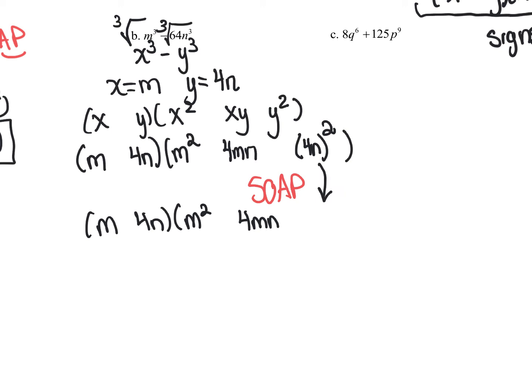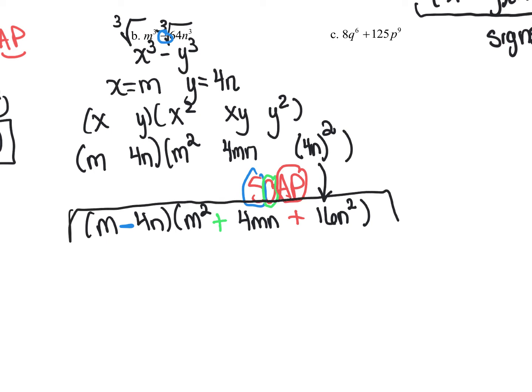Before I SOAP, 4n squared is 16n squared, because you have to square the whole thing. And then we SOAP. Same stands for minus this time, so minus. O stands for opposite, so this is going to be a plus. And the last two, AP, stand for always positive. So here's your answer.